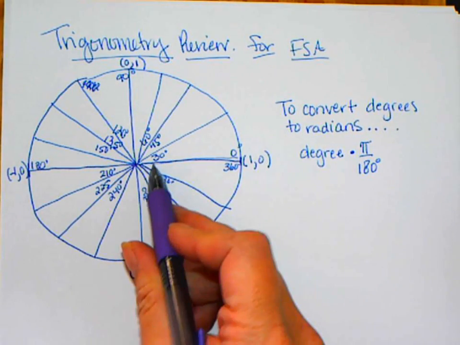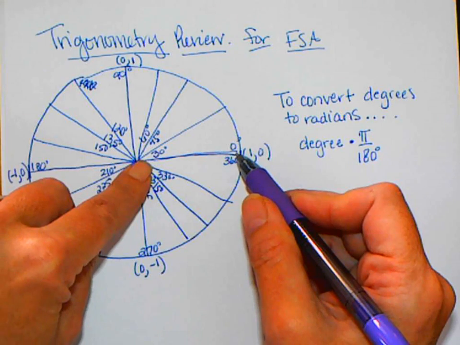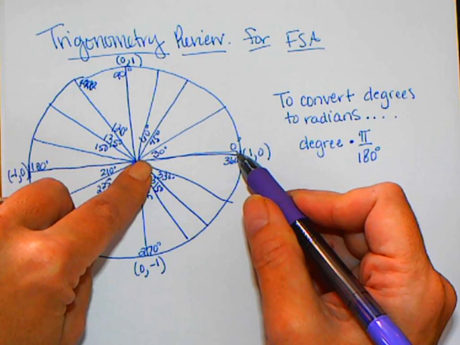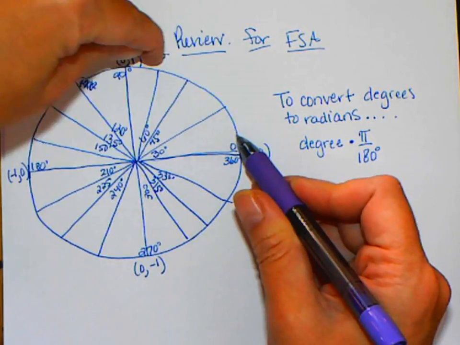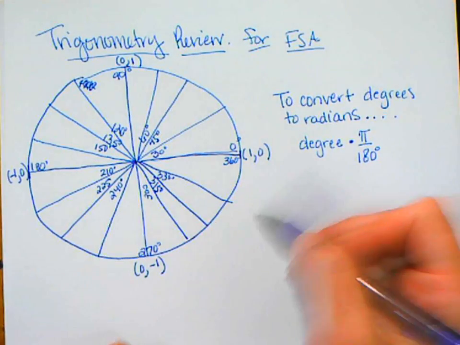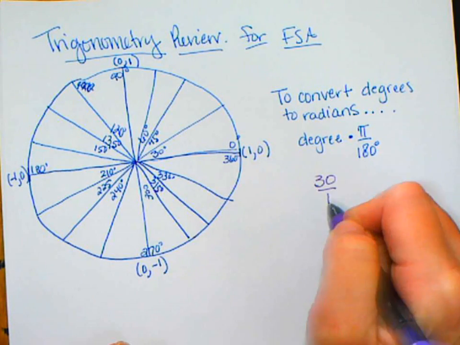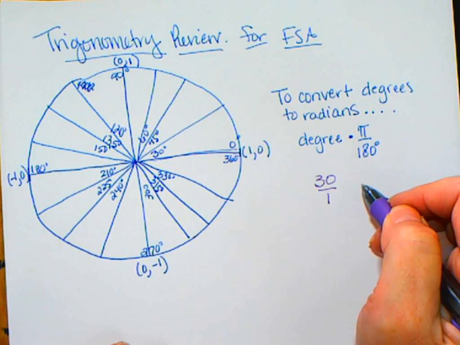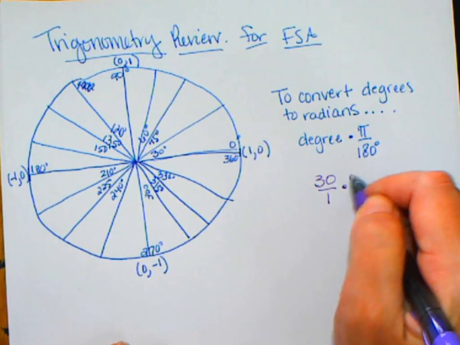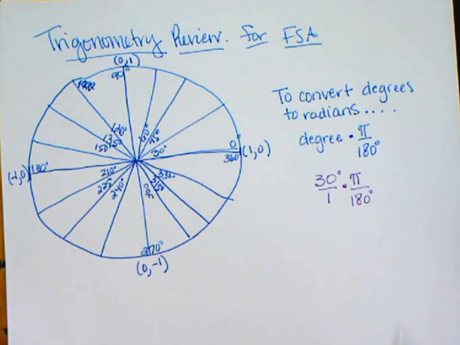So if I want to know how many radians is 30 degrees, if I picked up this radius that has a length of 1 radii, and I laid it on a circle, how many of those would I get from here to here? Okay, so 30 degrees, so my degree is 30, and I'll put it over a 1 since it's a fraction, and multiply times pi, so it's 30 degrees times pi over 180 degrees.